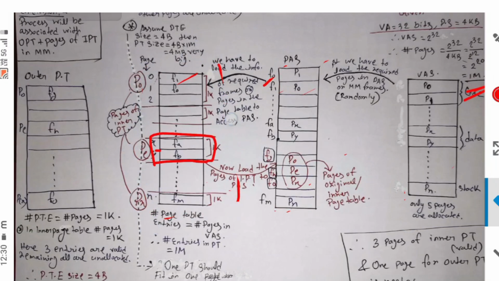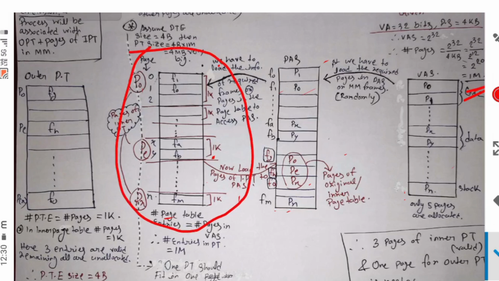Now, for your understanding, suppose this is your virtual address space. And suppose this is a chunk, this is a chunk, this is a chunk. There are lots of other chunks also available in the page table, but these are allocated, and all the other chunks are unallocated.